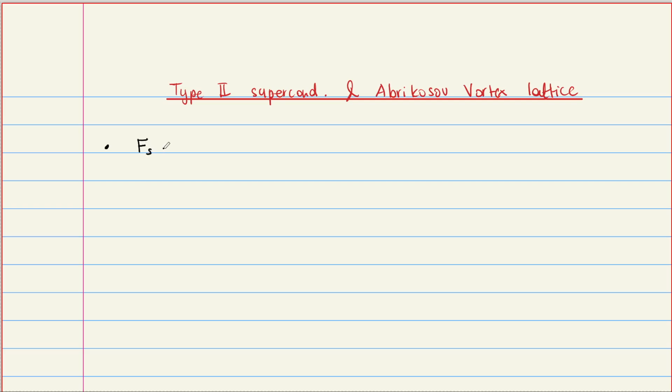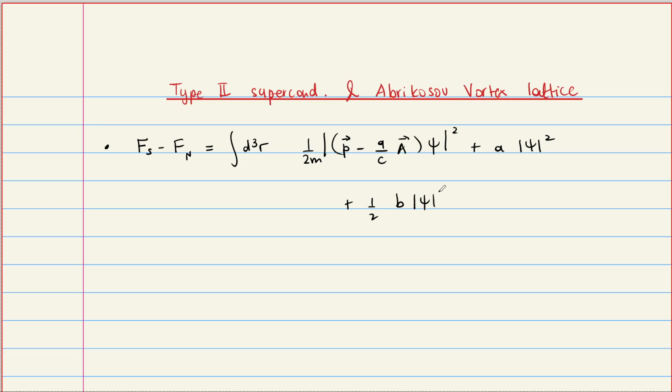So the starting point is we write some free energy compared to normal metal, and we wrote this free energy in the form like, let me write, 1 over 2m (P minus Q over C A) acting on order parameter psi, squared, plus A psi squared plus 1/2 B psi to the fourth.